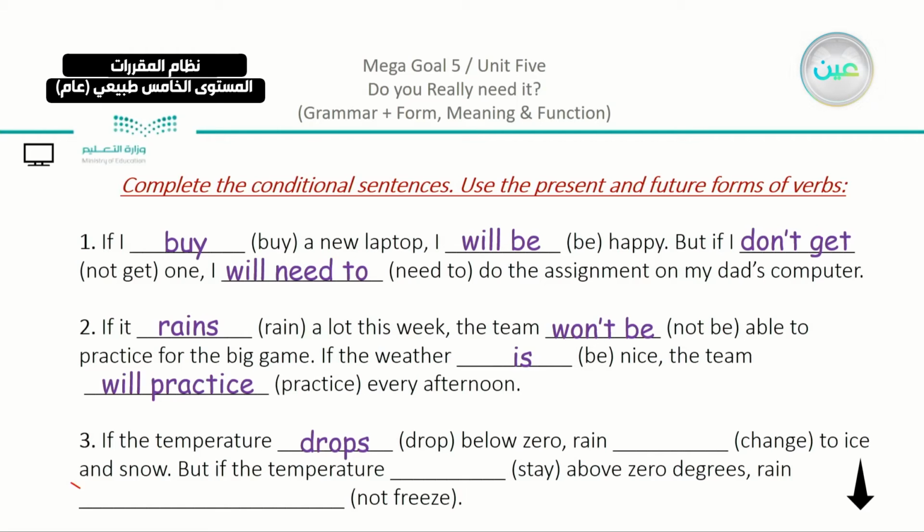Rain is uncountable, so we are going to use the singular form, changes. But if the temperature stay above 0 degrees, we can say stays, rain does not freeze. We have here negative, which means that we will say does not freeze. So you can see that I use the present simple in all the parts because we have here 0 degree.